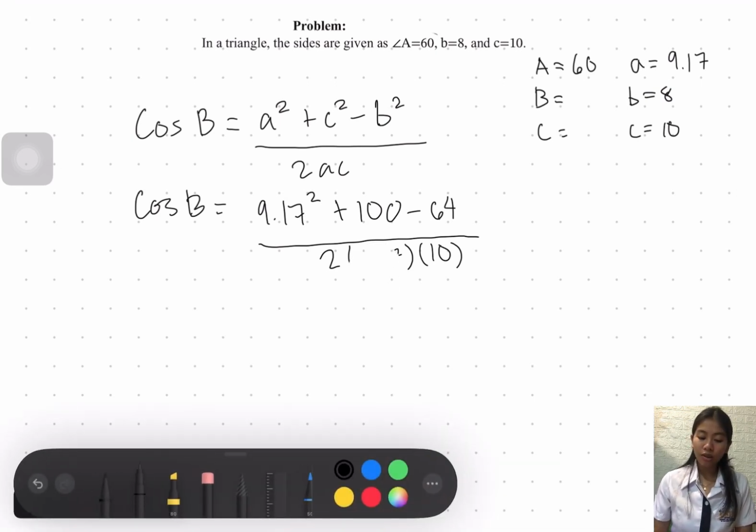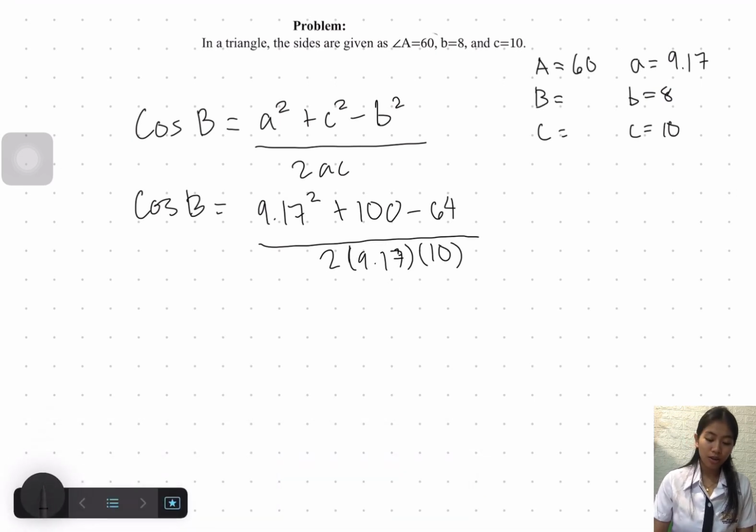Using your calculator, you need to press shift and cosine, and that will give you cosine inverse, or else it will not give you the right answer.